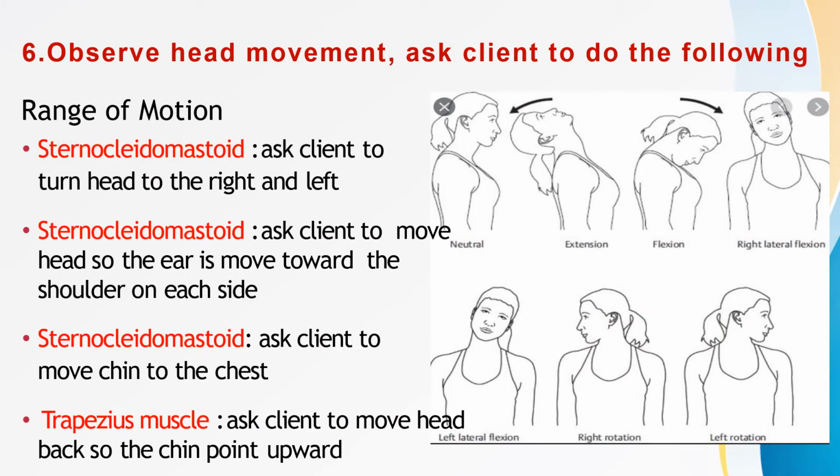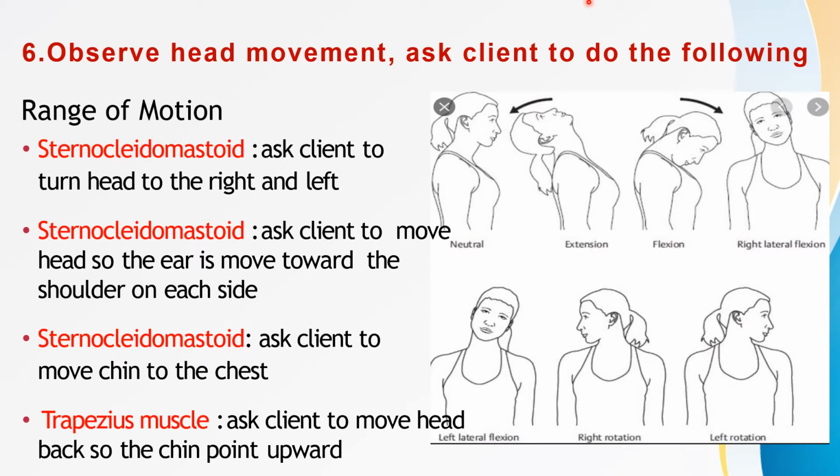Next, you have to observe the head movement or the range of motion by asking the patient to do the following. First, we ask the client to turn the head left and right. This assesses the strength or the activity of the sternocleidomastoid.